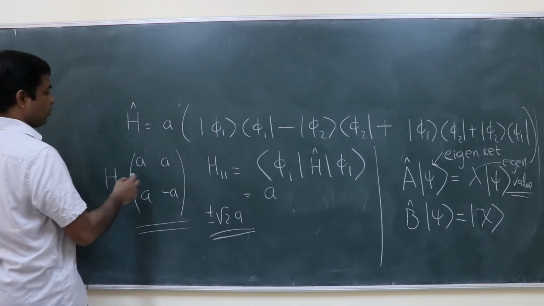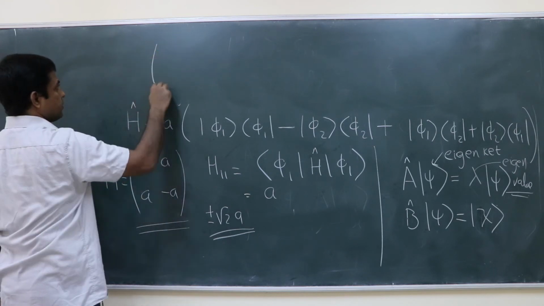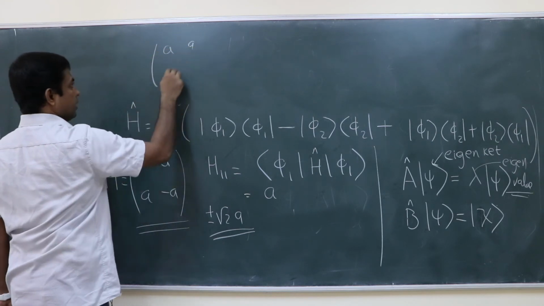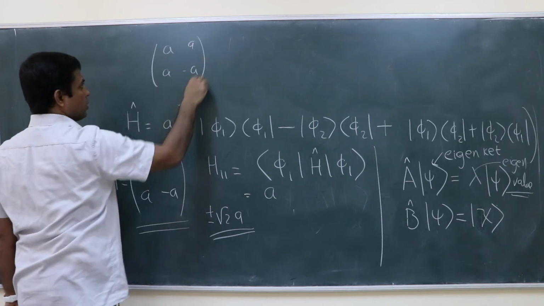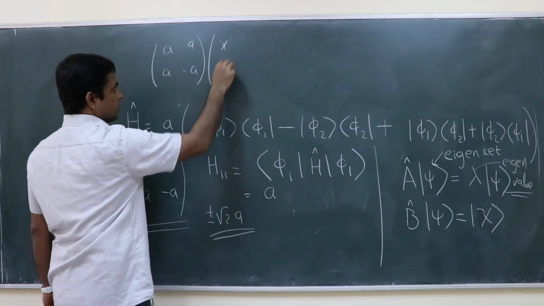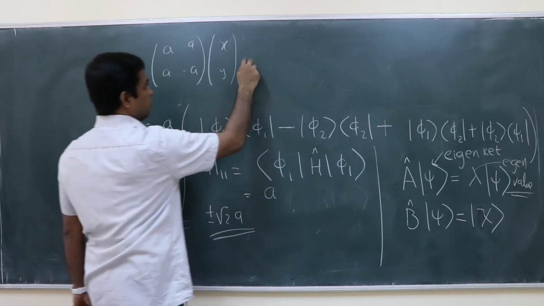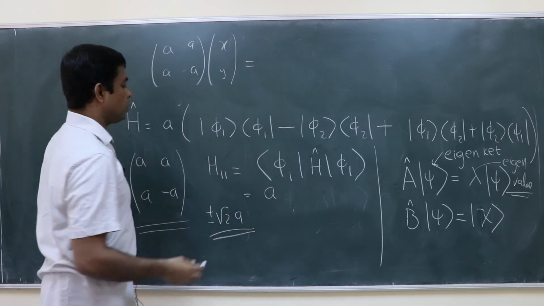If you have a matrix, how will you find out the eigenvectors? Basically you have the matrix a, 1, 1, 1, minus 1, acting on some unknown vector with components x, y, which is equal to plus root 2a times x, y, using plus root 2a first.